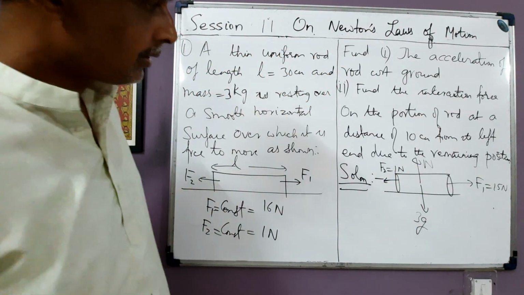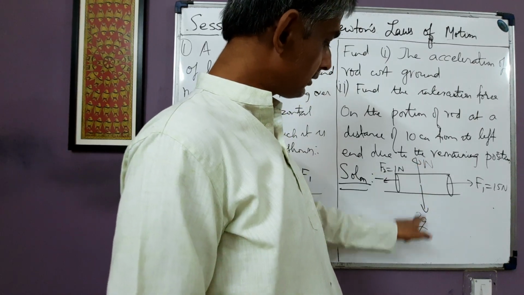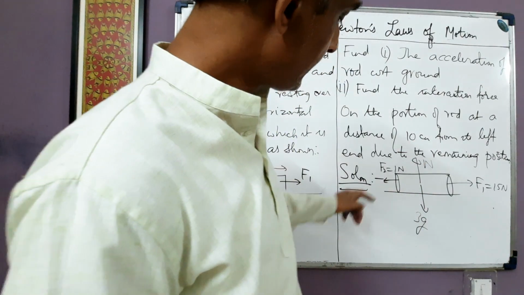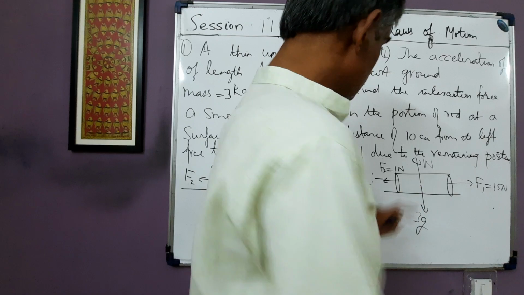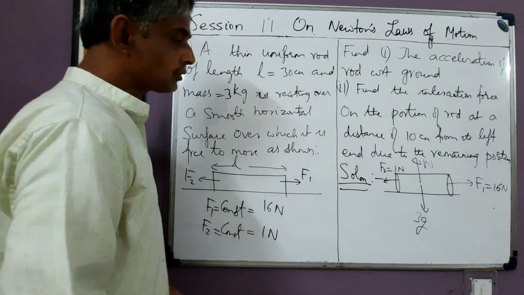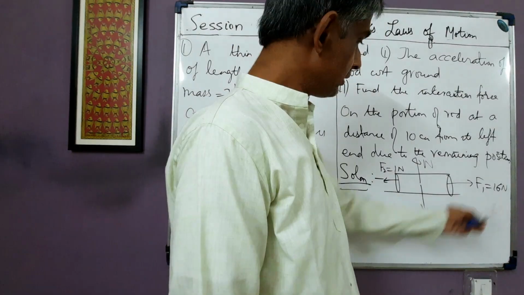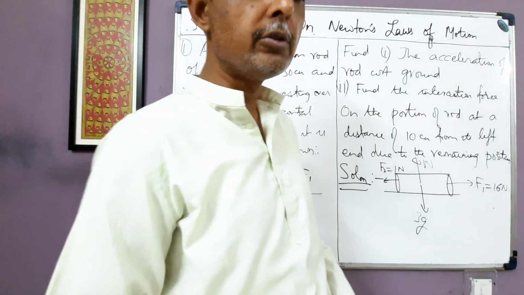Now from this it is seen that the net vertical force on the rod is 0. N and 3g cancel each other. And net horizontal force on the rod is F1 minus F2, that becomes 16 minus 1, that is equal to 15 Newton.